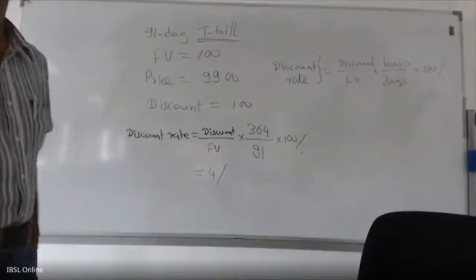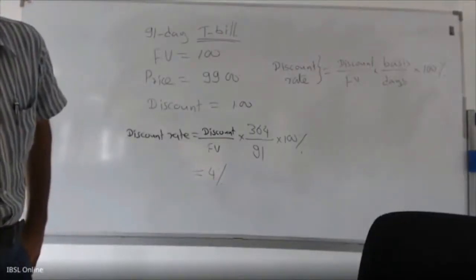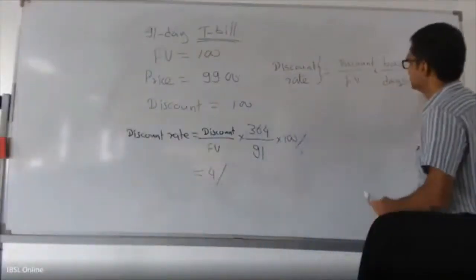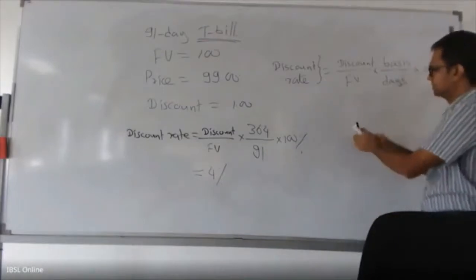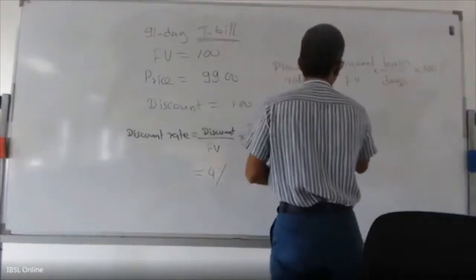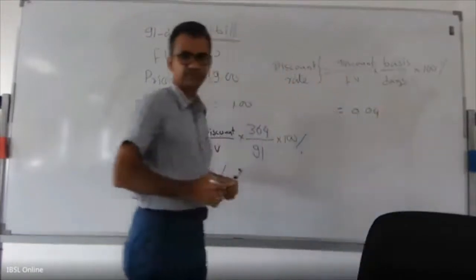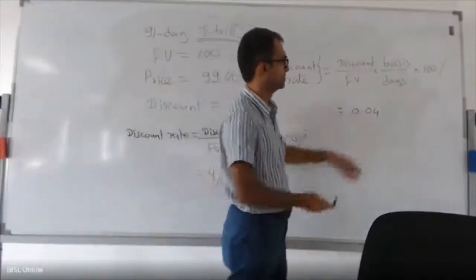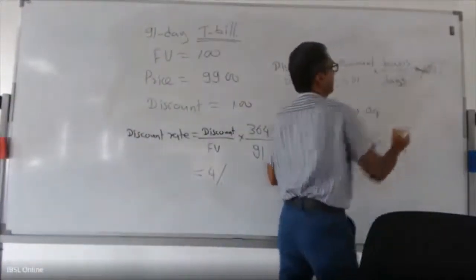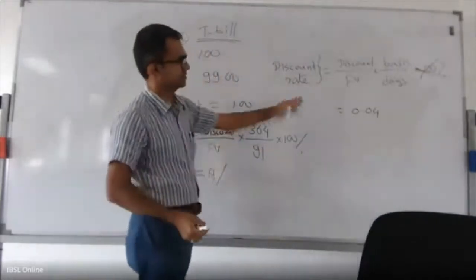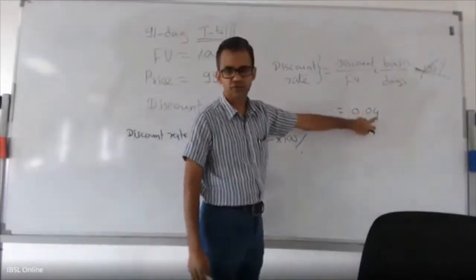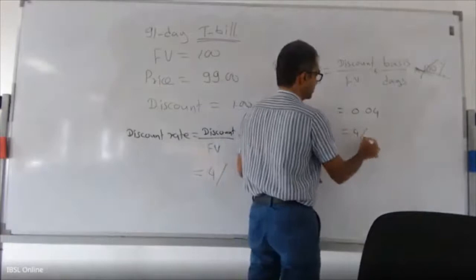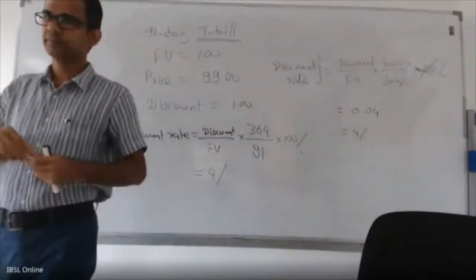Without the 100, sorry, you can't see the presentation now, you will get a decimal figure. Without that part, if you plug these figures in, you get 0.04. So this is a decimal form, which is equal to 4%. Clear?